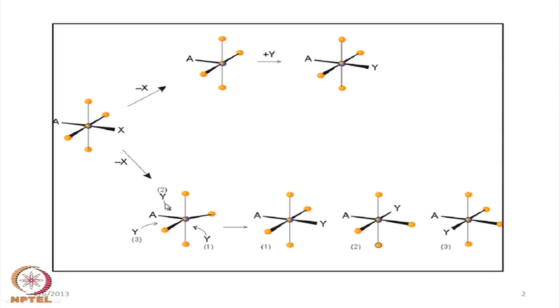But if Y is attacking from site 2, that means from this side, this nitrogen is getting pushed to the trans position of A. So, the nitrogen will come here and Y will take this particular position, which was originally occupied by the nitrogen of the ethylene diamine. So, we get one form where A and Y groups are in cis position. That means starting from the trans configuration, we get another form, a cis form.